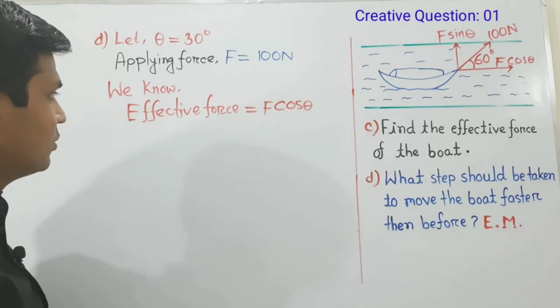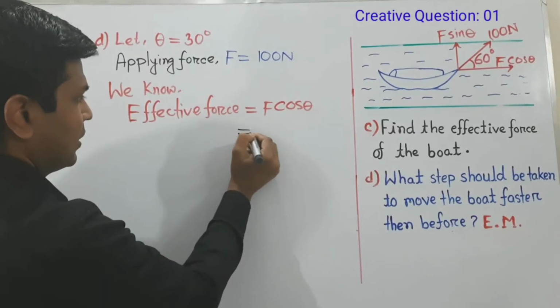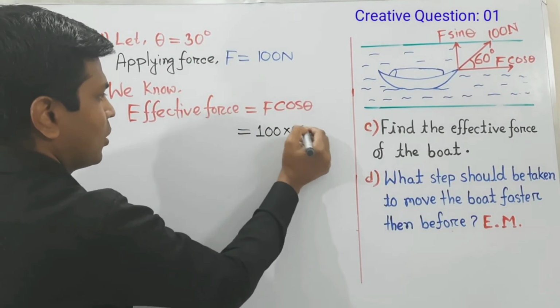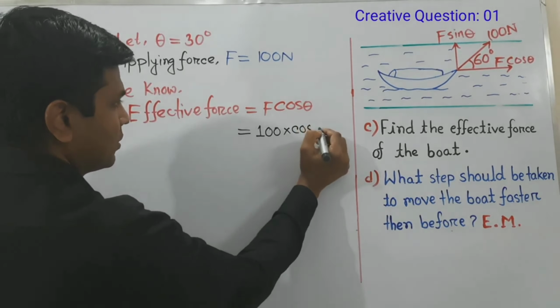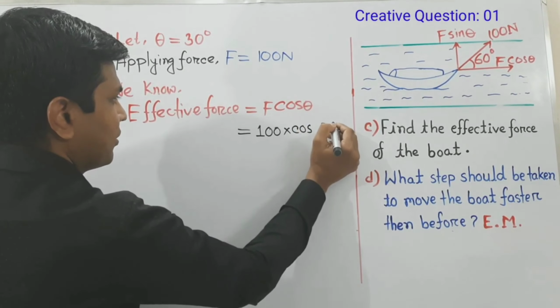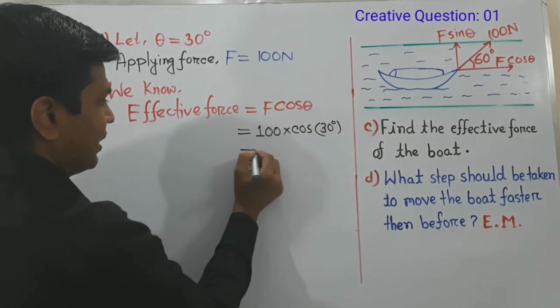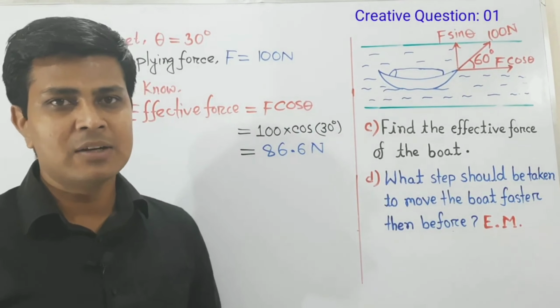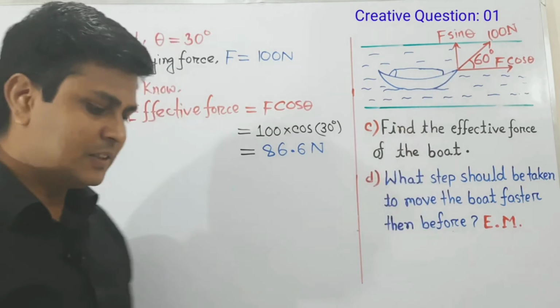Now if we put the value of F, which is 100 Newton, cos 30 degree, and after calculation of that expression we will get the result. We have already calculated the effective force for angle 60 degree.